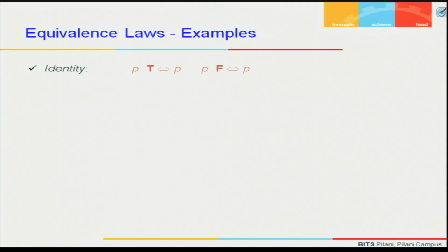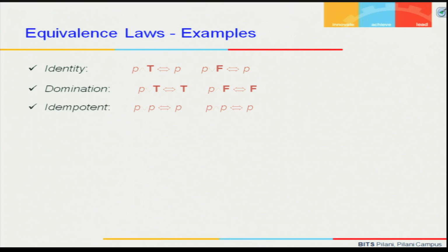First law: P and true T is always equivalent to P. Similarly, P or false is always equivalent to P. Another law: P or T, that is true, is equivalent to true, and P and F is equivalent to F, that is false.